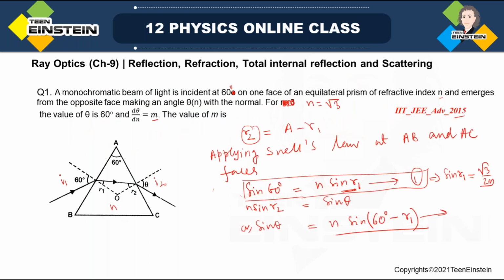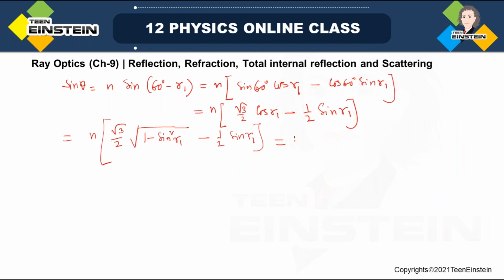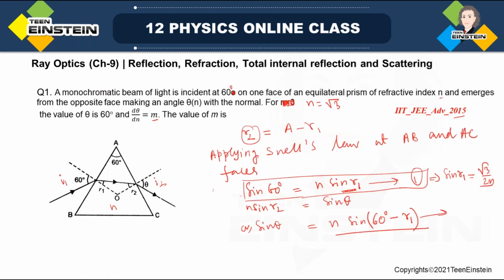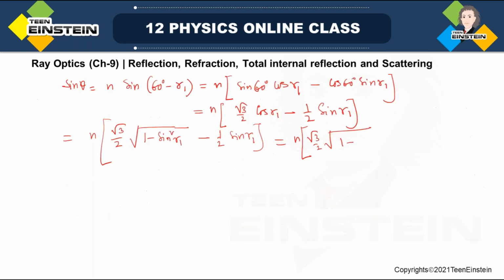Look here, we can put this value of sine r1. If we put the value root 3 by 2 here, square root of 1 minus, see it was here root 3 by 2, so if it is squared out, then 3 by 4n square.